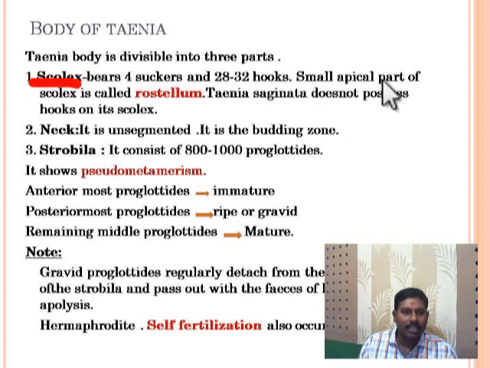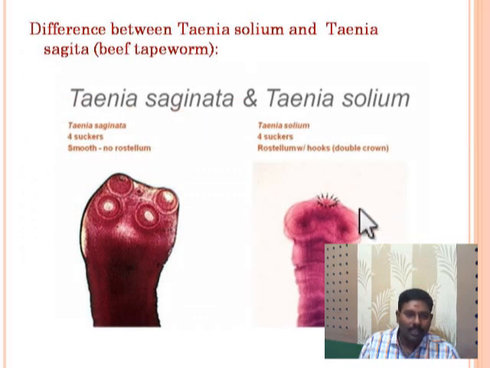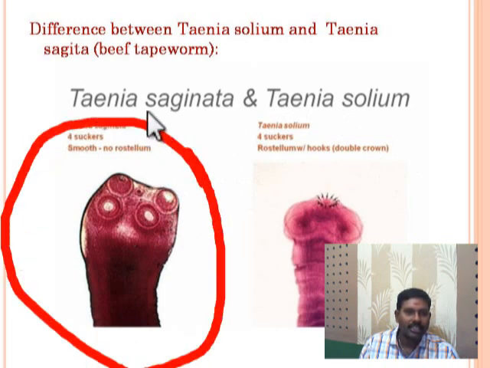The small apical part of the scolex is termed the rostellum. There are 2 important species, Taenia solium and Taenia saginata, which belong to the genus Taenia. One of them, Taenia saginata, does not possess hooks on its scolex. Here you can see this is Taenia solium, and this one is Taenia saginata.